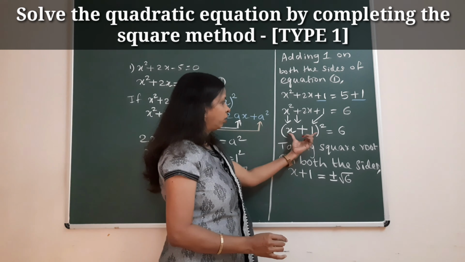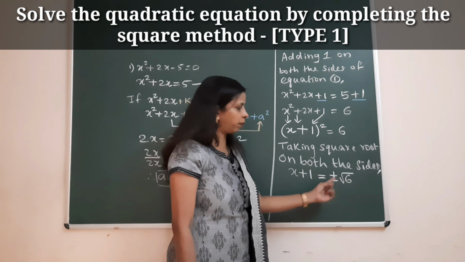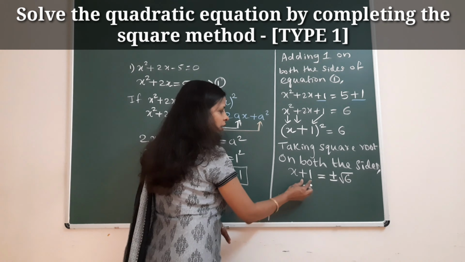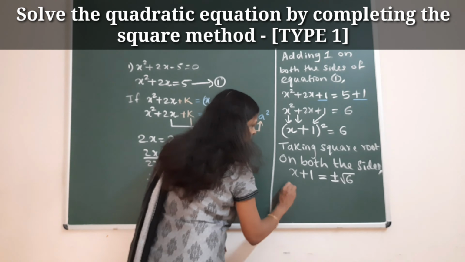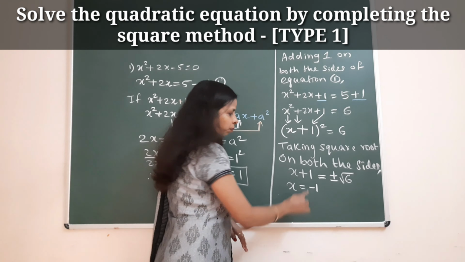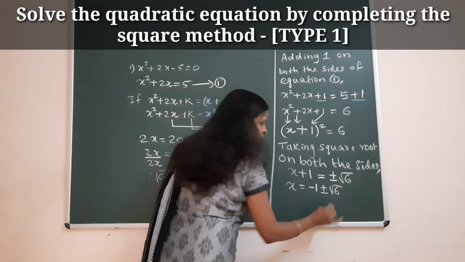So the square of this became only x plus 1 and the right side became plus and minus square root of 6. Now take this plus 1 towards the right side, x equal to minus 1, plus minus root 6.